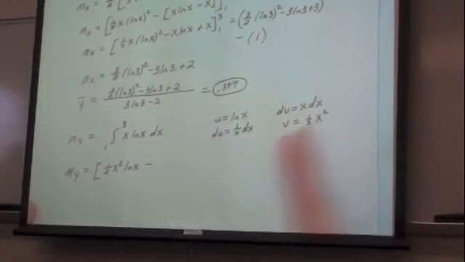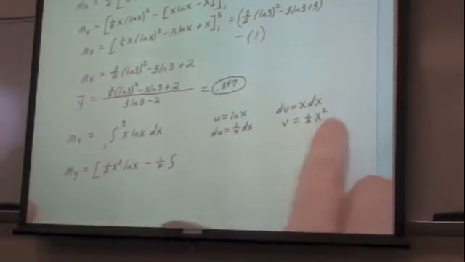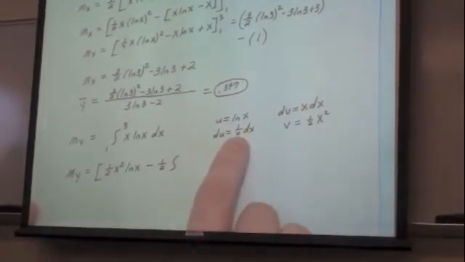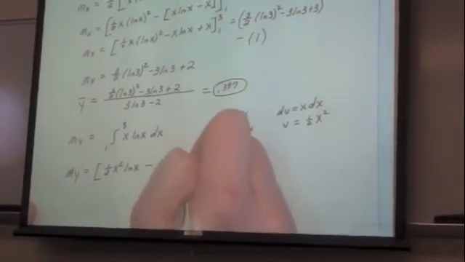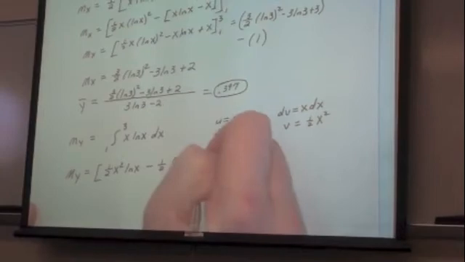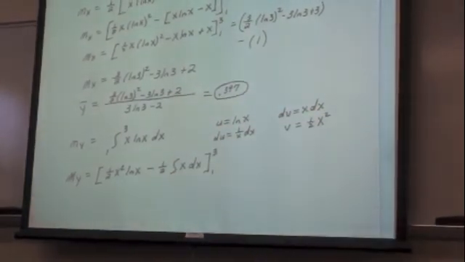So I'll go ahead and say minus 1/2, factor that 1/2 out in front. The integral of v du, x squared times 1 over x gives me x with respect to x. I'm integrating this from 1 to 3.